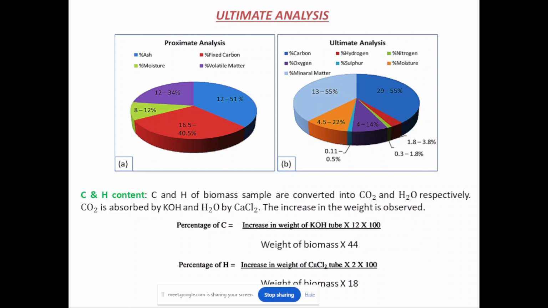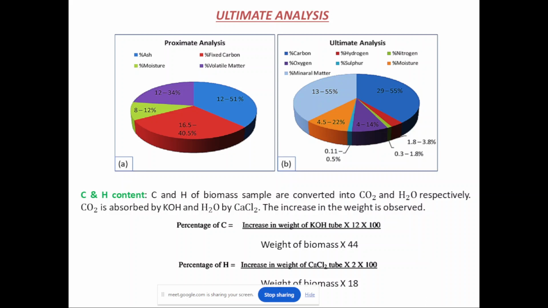Those trace quantities might be your inorganic constituents, which will come under the classification of ash. If you remember, the definition of ash is that it is inorganic, non-combustible matter.